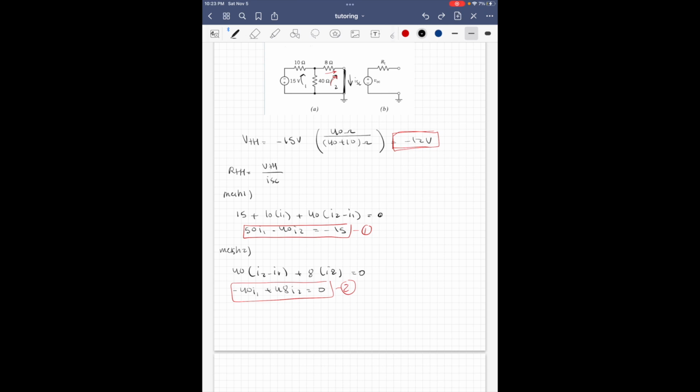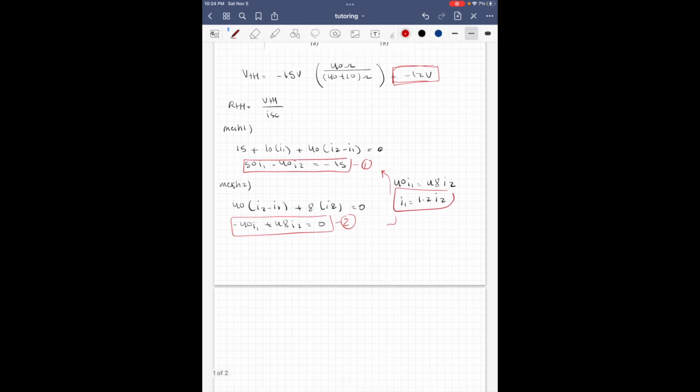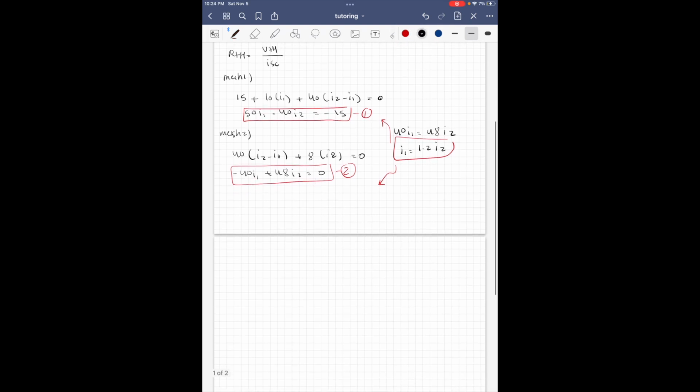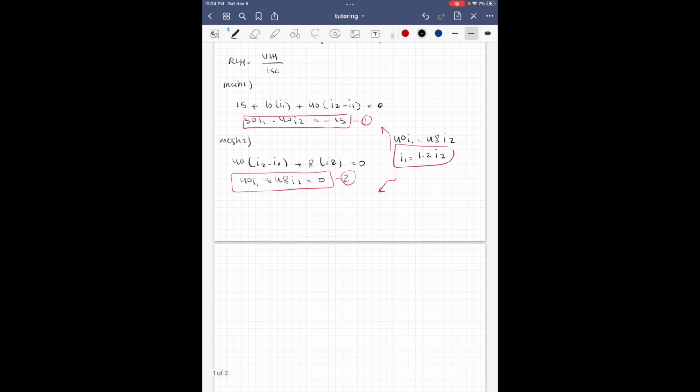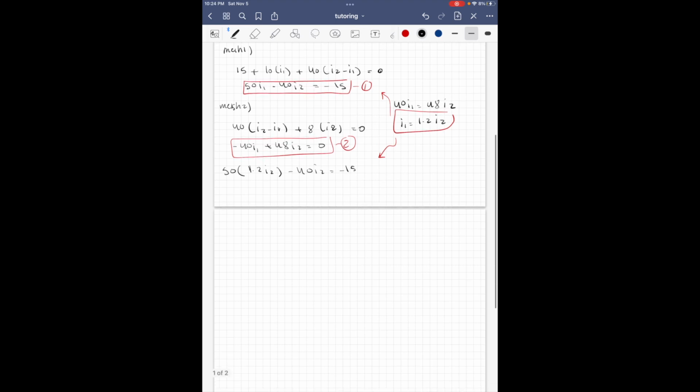So I'm going to take this equation right here, and so it's going to be 40I1 equals 48I2. So I1 is 1.2 I2, and I'm going to substitute this back into equation 1, which will give me 50 times 1.2 I2 minus 40 I2 equals negative 15.